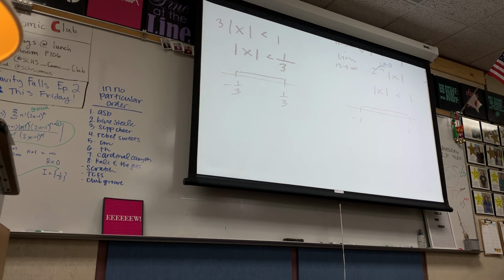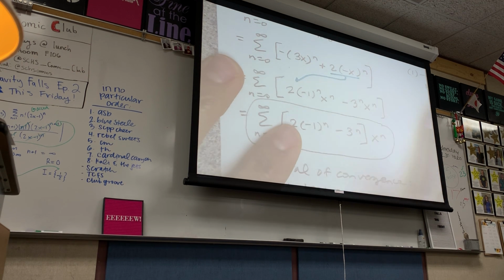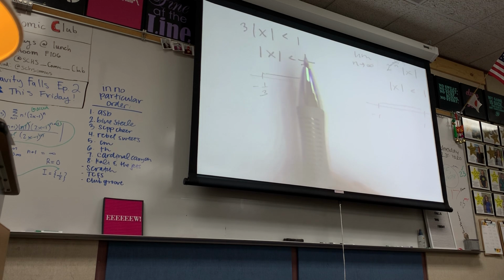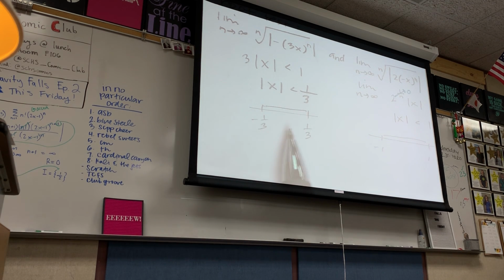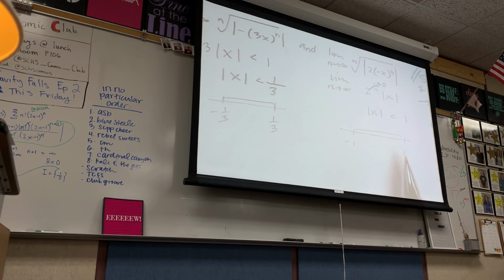The larger includes the smaller. So hold on, let me think. Let's time out. Overall, you want to know, where does this thing converge, right? You have one side of it only converges here, and the other side of it converges a little bit further out. But ultimately, you need to know, where does the whole thing converge?